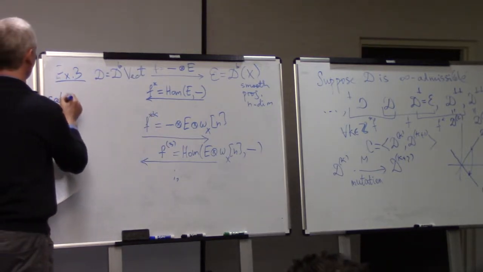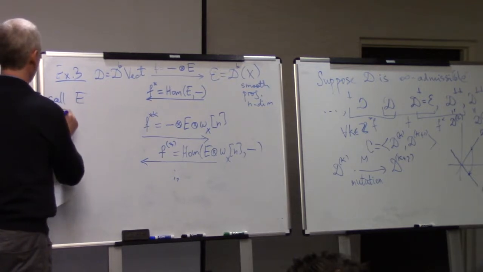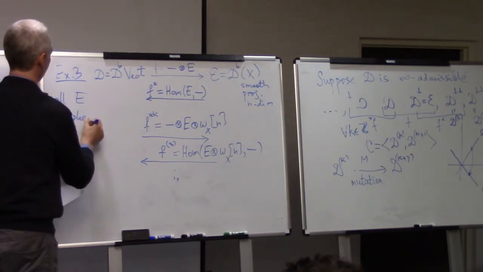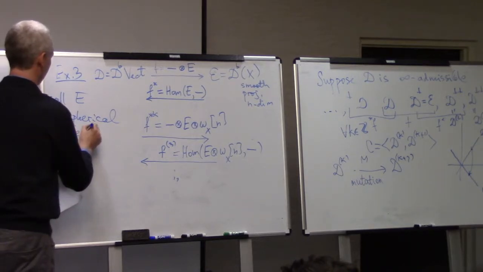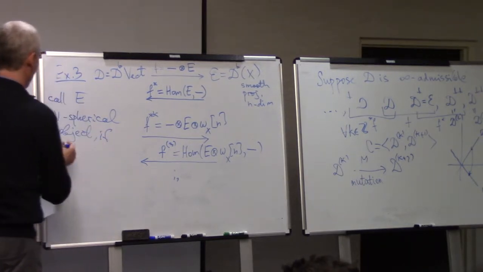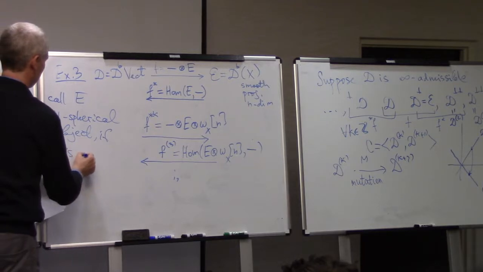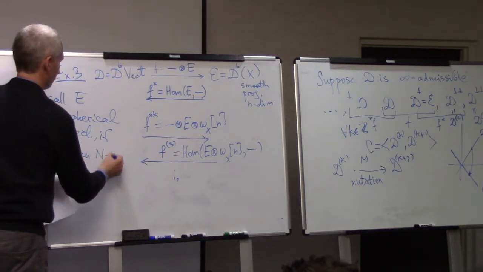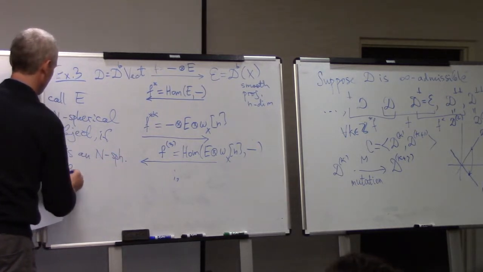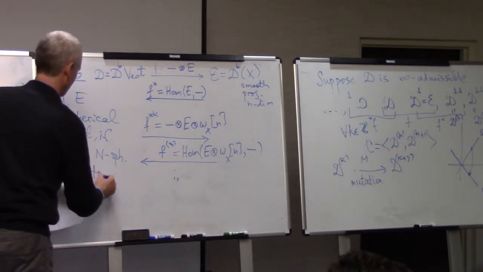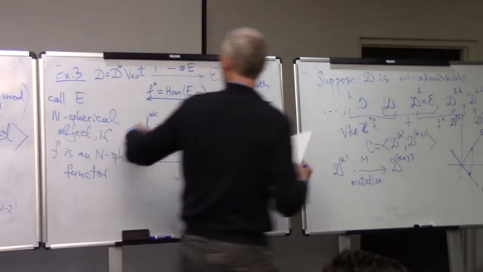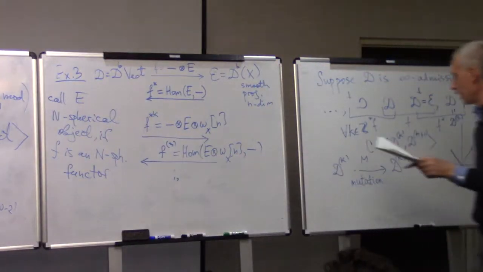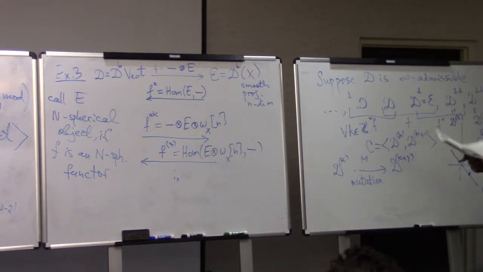Call E an n-spherical object if F is an n-spherical functor. Now an ordinary spherical object will be n-spherical for n equals 2 and only for n equals 2.